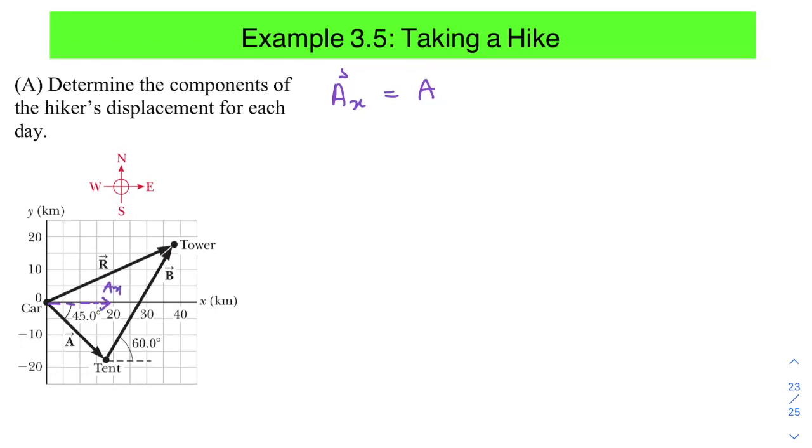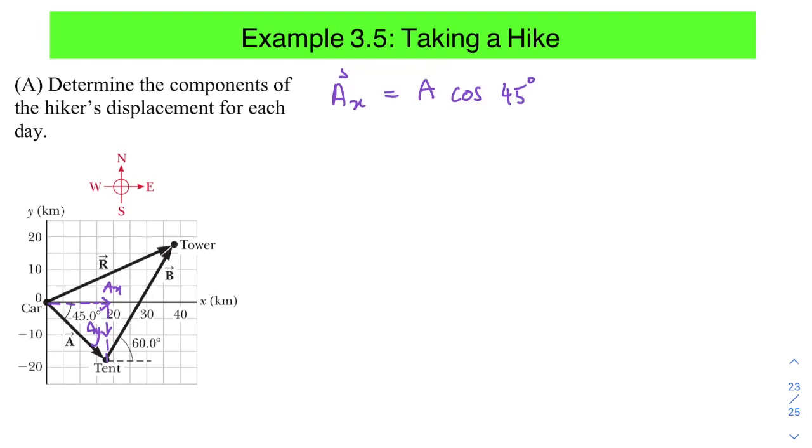So this is your AX. This is your AY. Right. AX equivalent to A cos theta. Okay, cos 45. Is it positive or negative? AX.